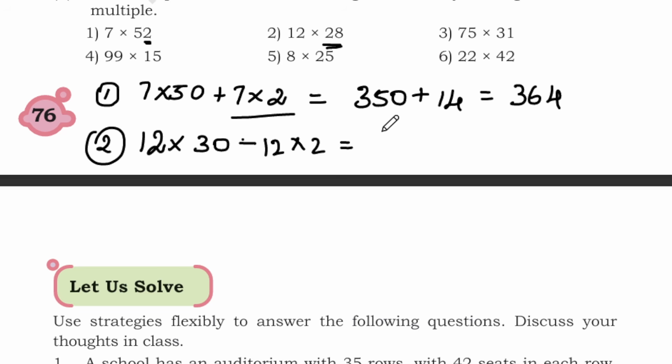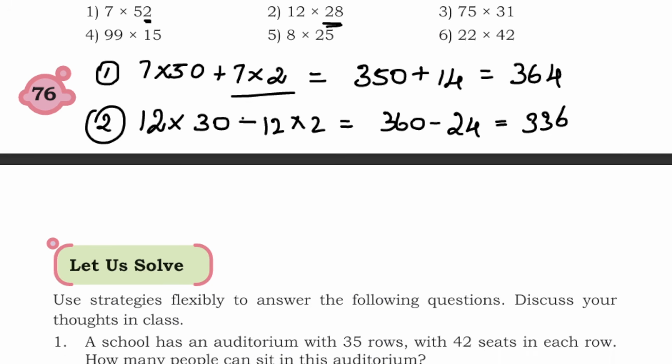Okay, so 12 into 30 is 360 minus 12 twos are 24. So 360 minus 24, 336. Okay, next you have 75 into 31.